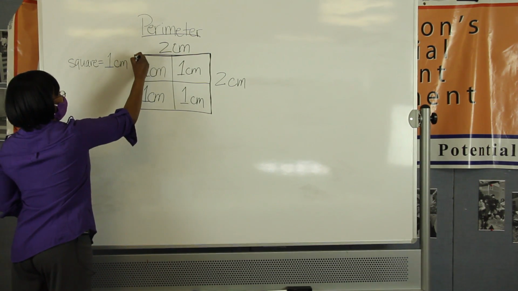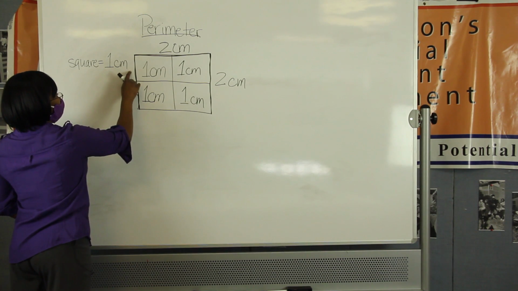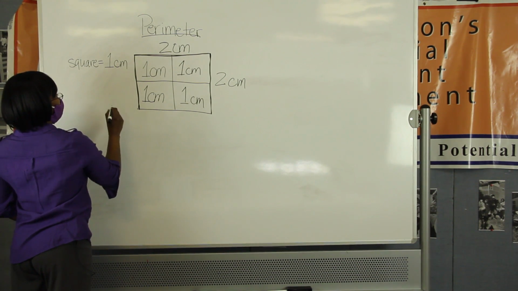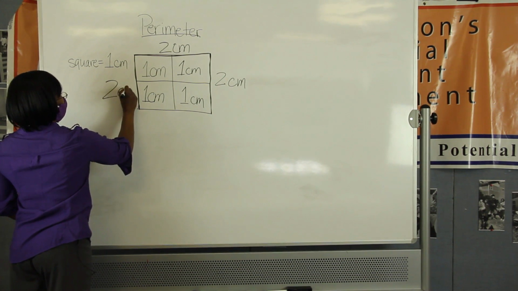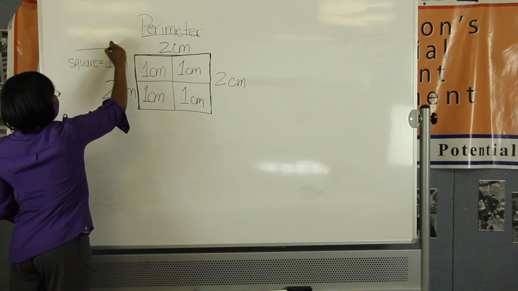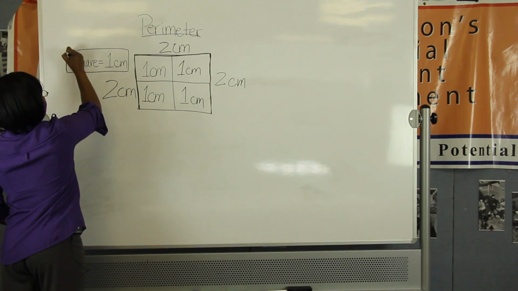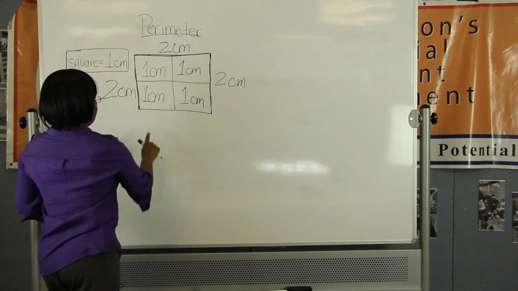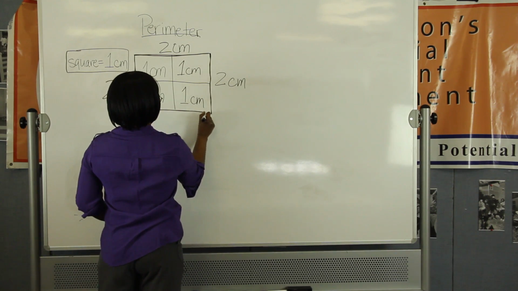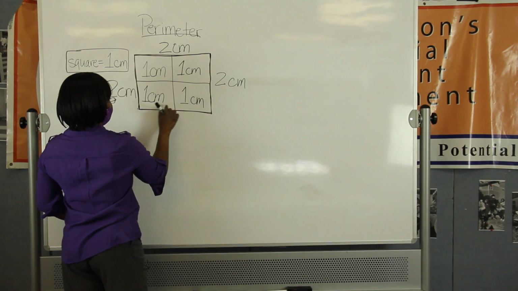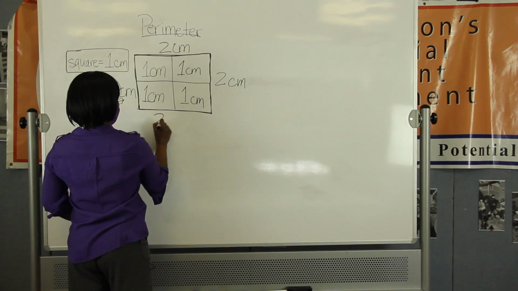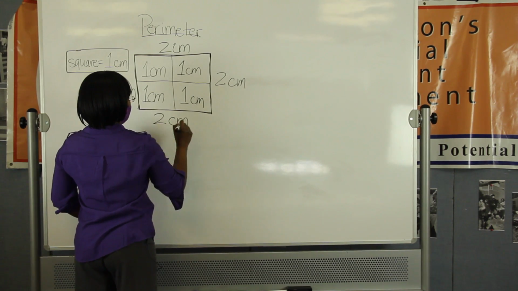Now let's add this side. It's 1 centimeter plus 1 centimeter, which equals 2 centimeters. And this length is going to be 1 centimeter plus 1 centimeter, which is 2 centimeters.